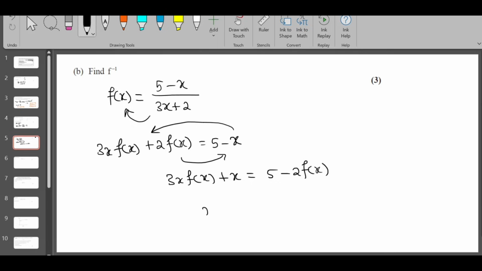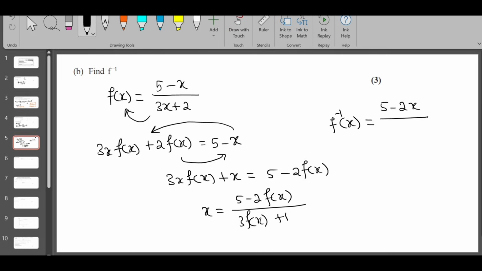Take x as a common factor, you will get 3 f of x plus 1, that goes to the other side and becomes the denominator. Now you can straight away write f inverse: replace x by f inverse and f of x by x. 5 minus 2x divided by 3x plus 1. Just a 3-mark question.